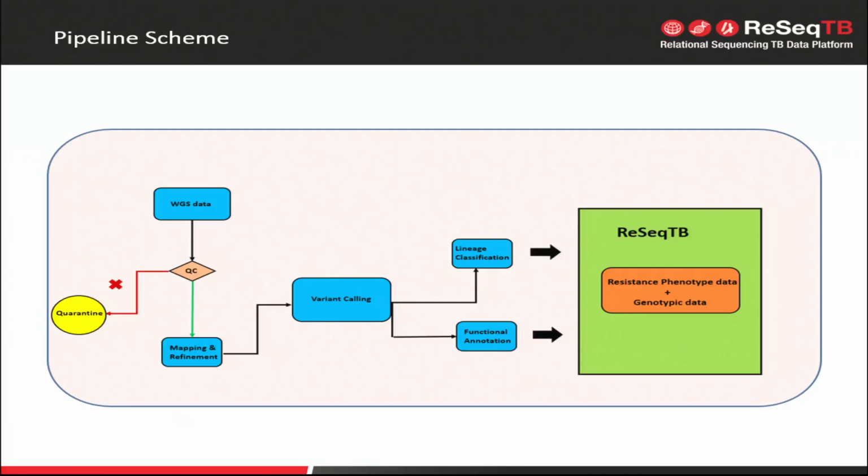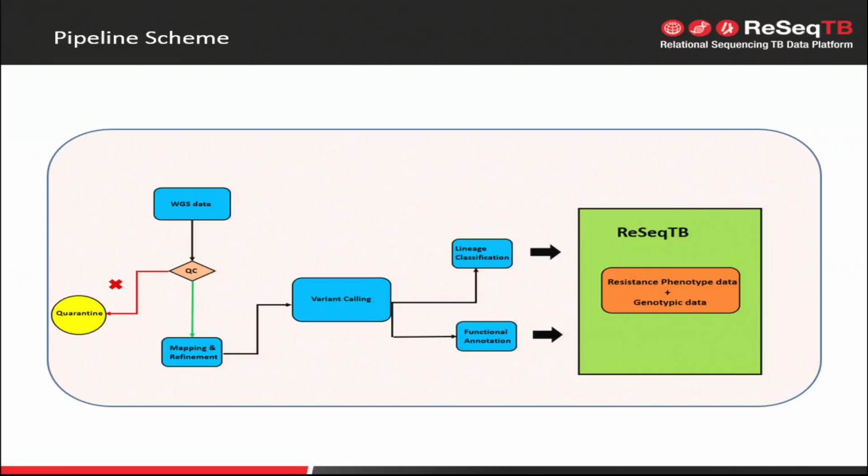And this is just a simple schematic here, and I'll go into more detail later. What we want to do is aggregate, as Daniela mentioned, really highly curated whole genome sequencing data with phenotypic DST data and any clinical data that we can get with these isolates all into one single place. What we're starting with initially is mostly Illumina whole genome sequencing data. And this is, like I said, a simplified version of the pipeline.